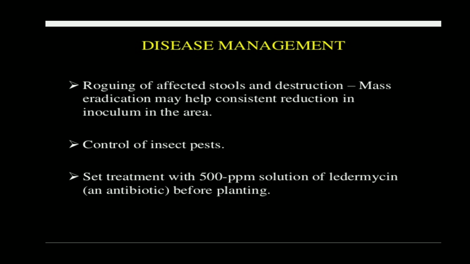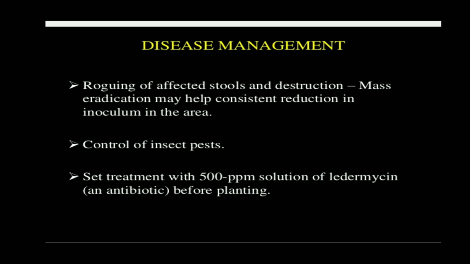The rogueing of affected stools and their destruction, that is mass eradication, may help consistently reduce inoculum in the areas. So if some plants in your field get infected, just uproot that plant and burn it. This will also be beneficial.